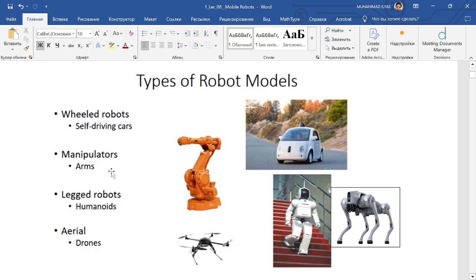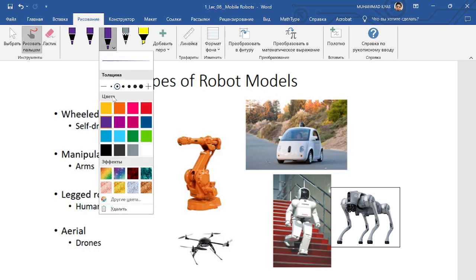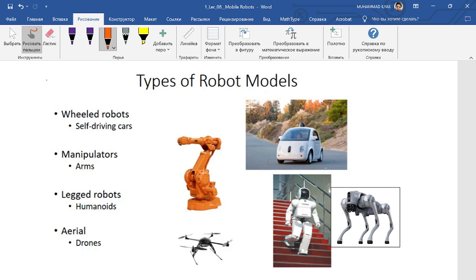Manipulators, you have a basic introduction of this already, which have links and joints, but its base is fixed at one place, so it cannot move from one place to another, right?